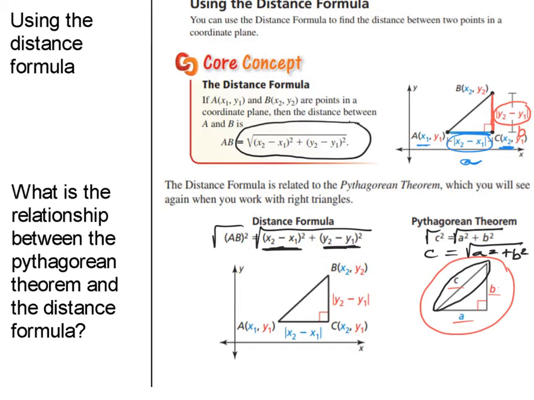But just know that with diagonal lines or segments, to find the distance of that diagonal line, you're going to use a formula. You're going to take the x's and you're going to subtract them of the 2 points and square it. You're going to take the y's and subtract them of the 2 points and square it. You're going to add them together and then take the square root.